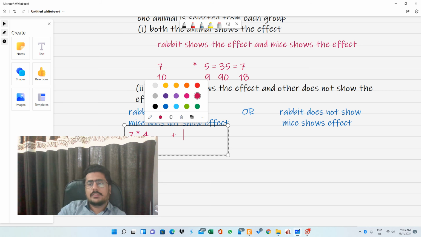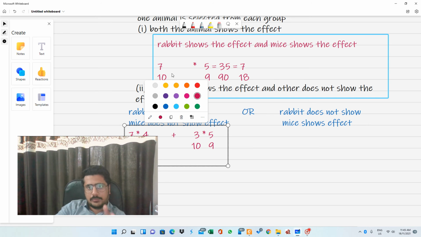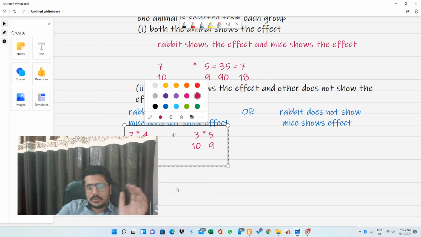Or the rabbit does not show the effect. From 10 rabbits, 7 show the effect. That means 3 do not show the effect. 3 upon 10. And the mouse shows the effect. That means 5 by 9. You can see from that chart which shows the effect and which does not.